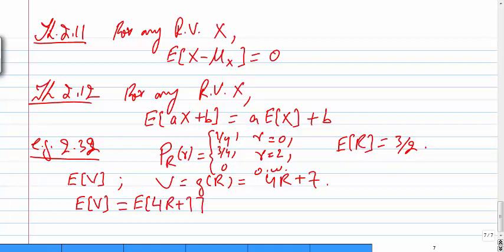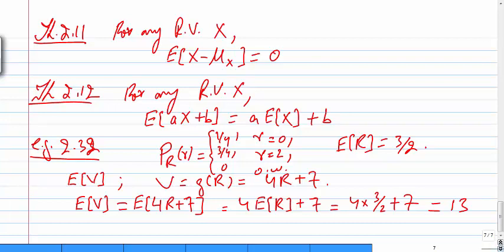Applying the theorem, it becomes 4 times the expected value of R plus 7. As we know the expected value of R is 3/2, it becomes 4 times 3/2 plus 7. Now if we solve it, it becomes 13. So this is the way you can easily solve the problem by applying the theorem.